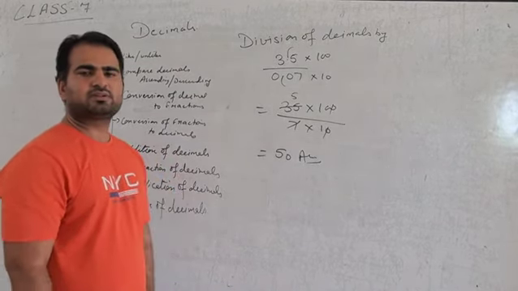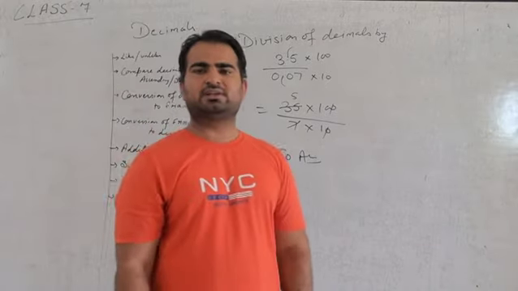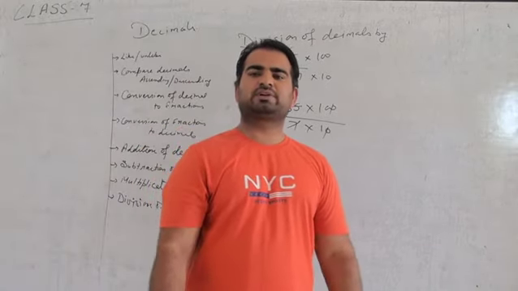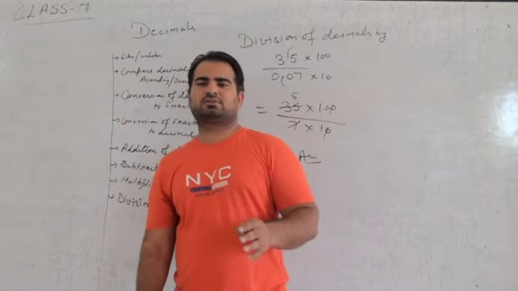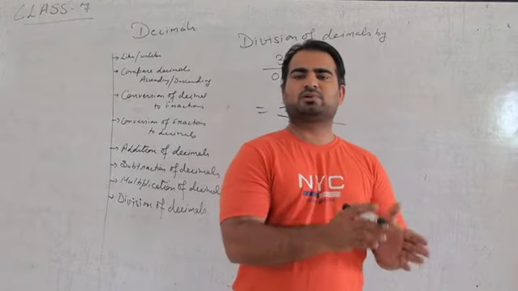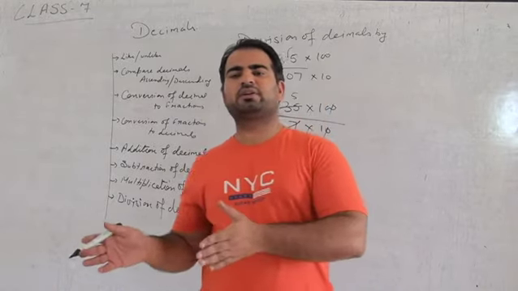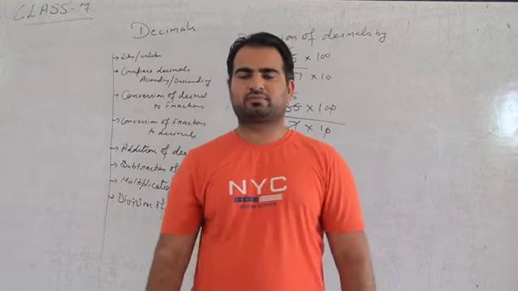And there is one more thing, that when you have to convert numbers into meters, centimeters, or rupees and paise, just remember one thing: when we have to convert a smaller quantity into a bigger quantity, we have to divide it by the fractional part.